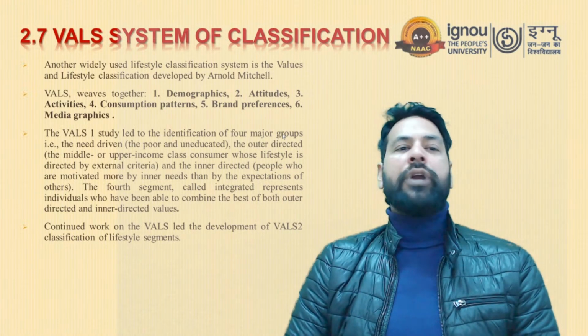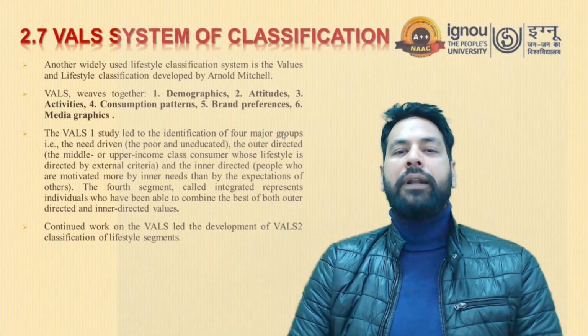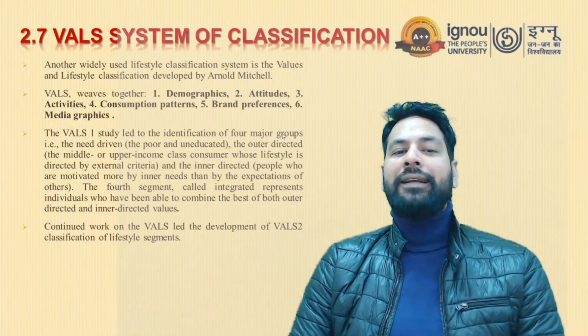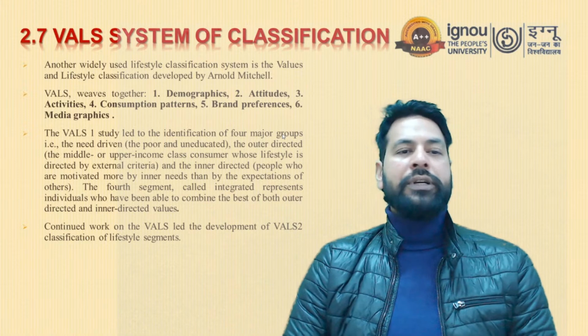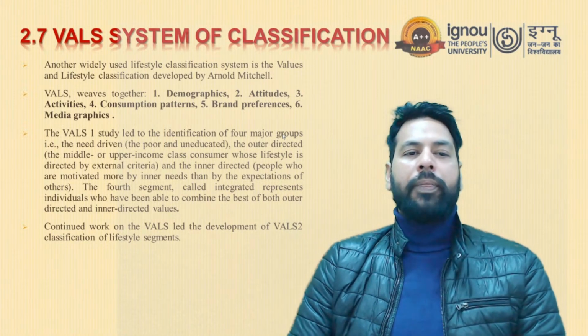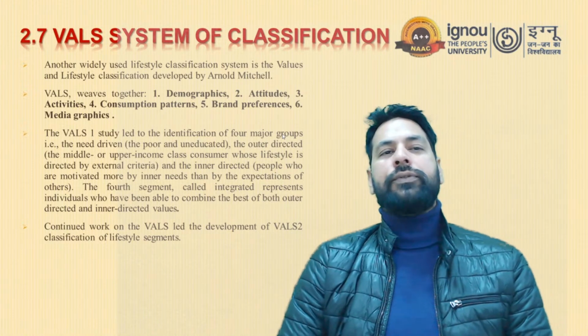The poor and uneducated, which is termed as the need-driven. The second is outer-directed, the middle or upper income class. Inner-directed people who are motivated more by inner needs. And the fourth segment called integrated represents individuals who have combined all these, the outer and the inner values.